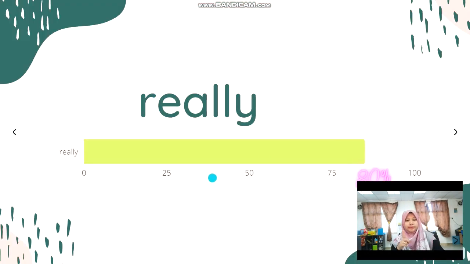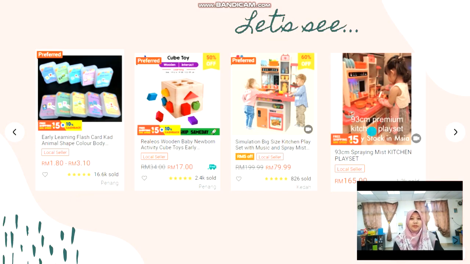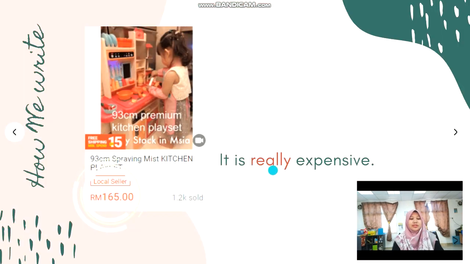So the first one, really. This is how we write: it is really expensive. From the 4 pictures that I've given you, this one is the most expensive, right? So we have to use the words it is really expensive.